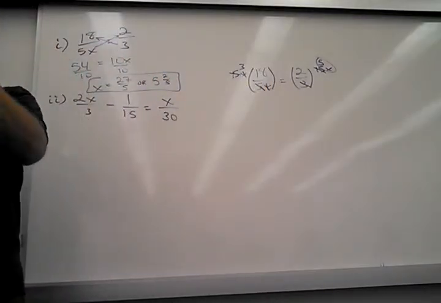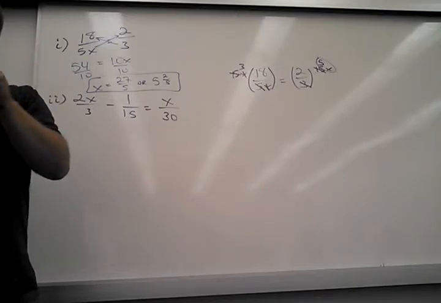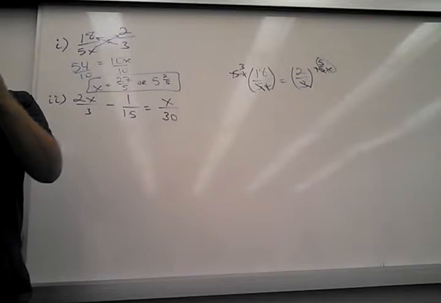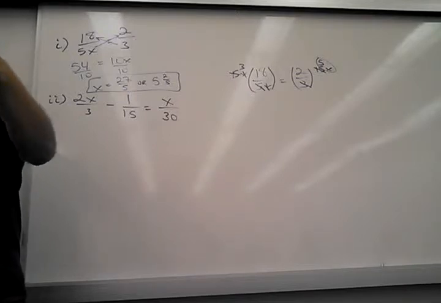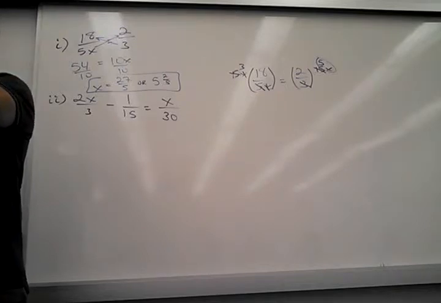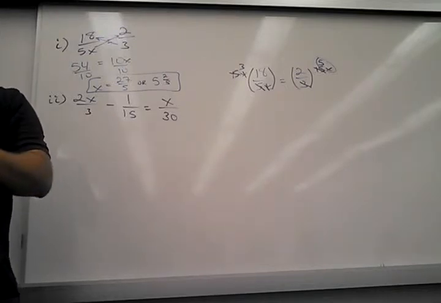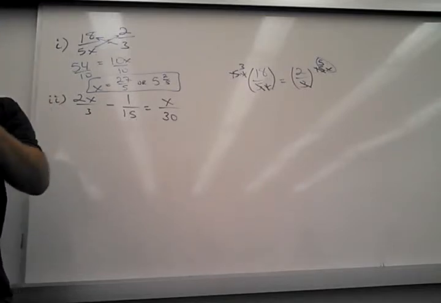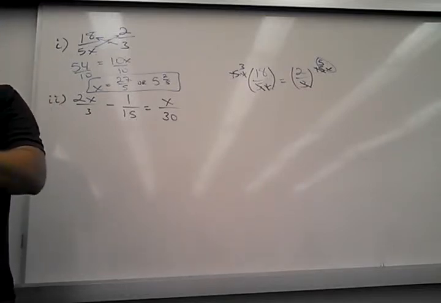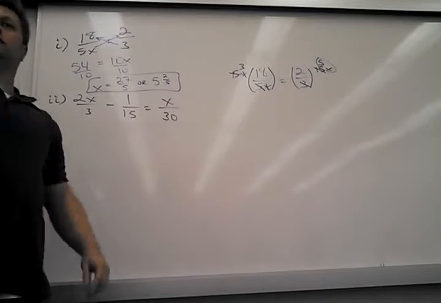No, but I can use it as a shortcut. So the shortcut would be just take the bottoms and take them up to the other sides. That's why they call it cross multiply. And that's the one place it works directly. You could use it as a shortcut in other places, but you have to know how to adjust it. This is the one place you can use it for sure.